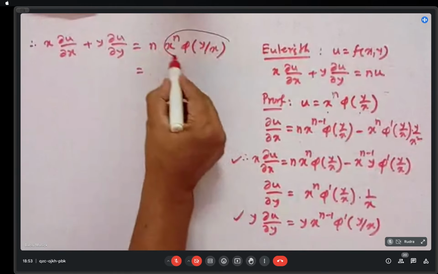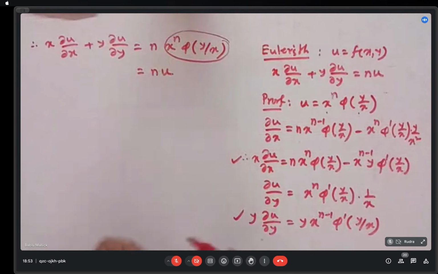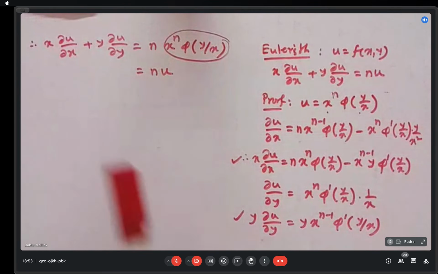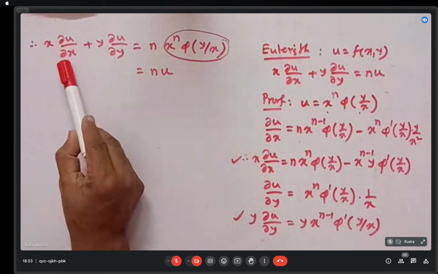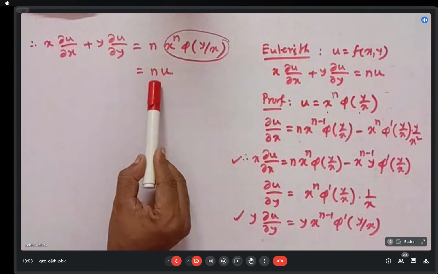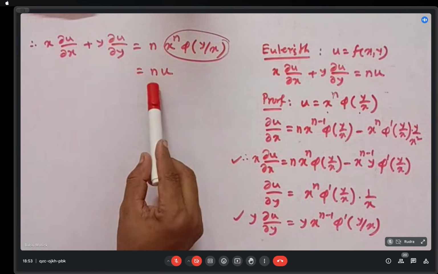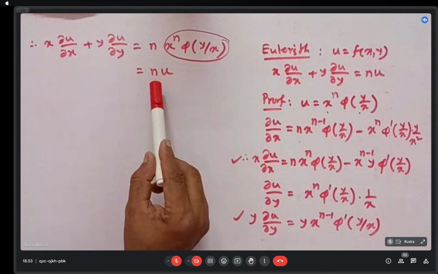This x to the power n into phi y by x is u. So we are getting x into del u del x plus y del u del y is equal to n into u. We shall use this result. It is a very important result, Euler's theorem.